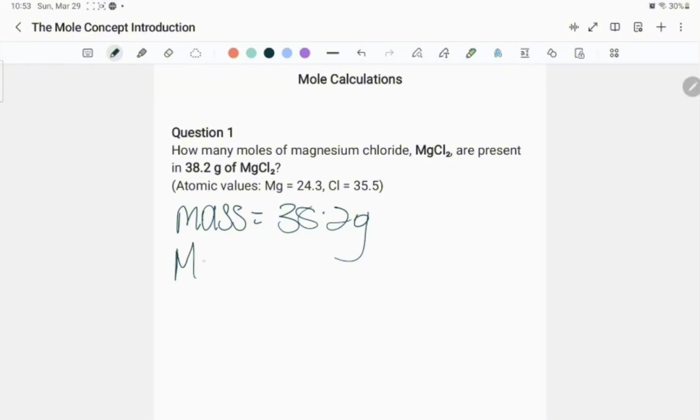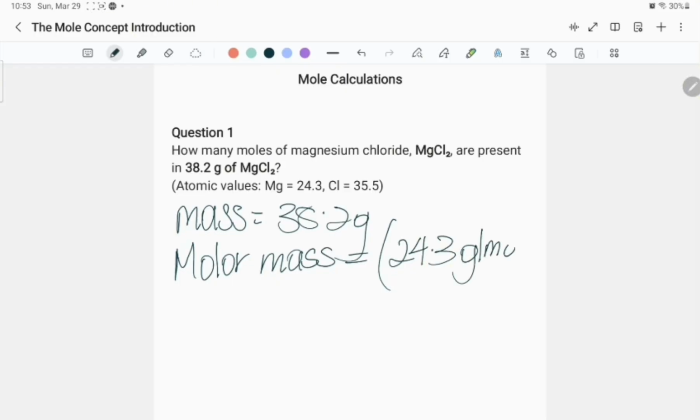So let's calculate the molar mass of magnesium chloride. We have the atomic values given to us. A key thing to note is to use our units. Magnesium is 24.3 grams per mole. We use our units to help us know what we are calculating and to have the right units at the end of our calculations.